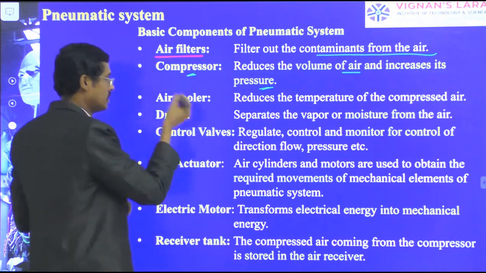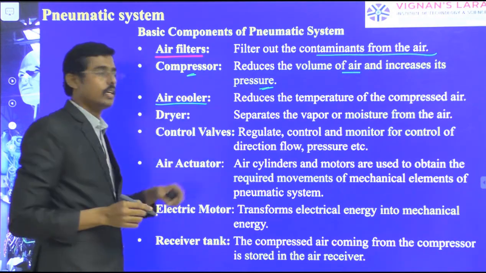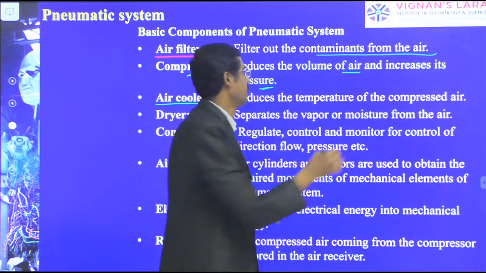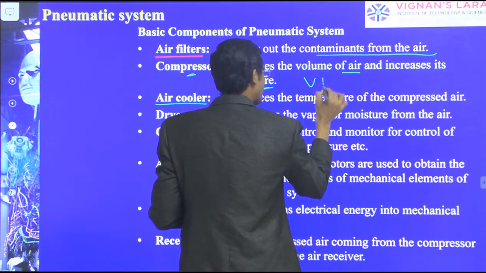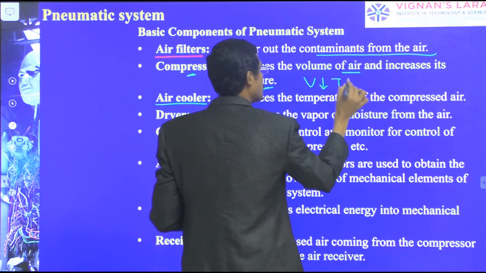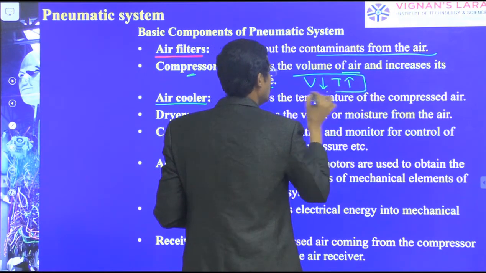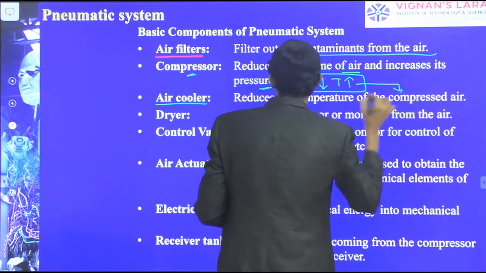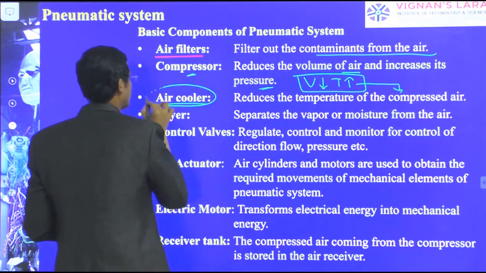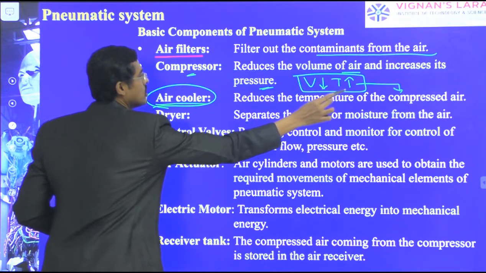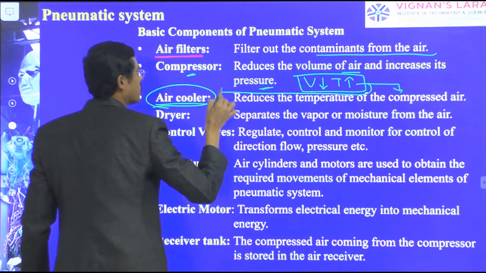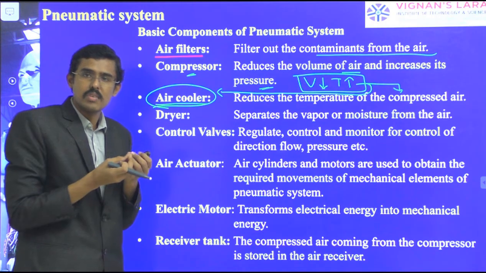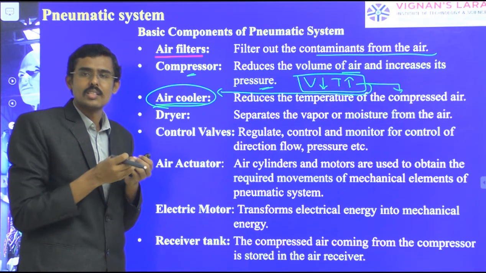And also the air cooler is the next one. It reduces the temperature of the compressed air. See, when the volume reduces, the temperature increases, so this temperature increase is relieved by this air cooler. Next, the dryer.